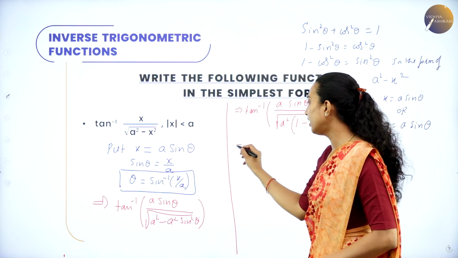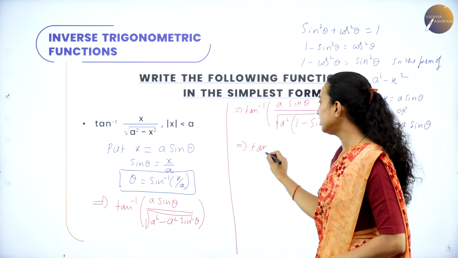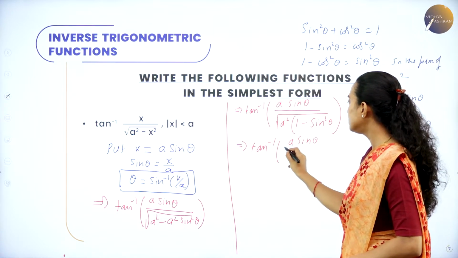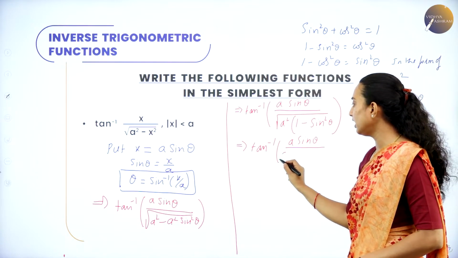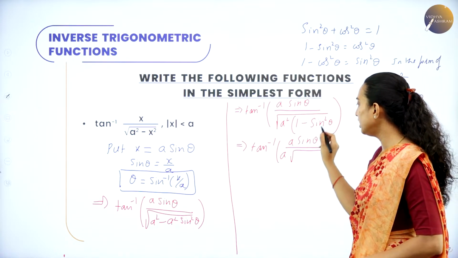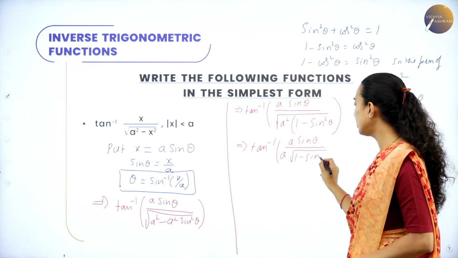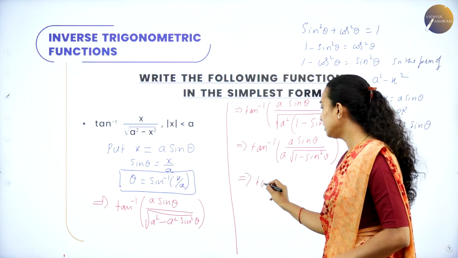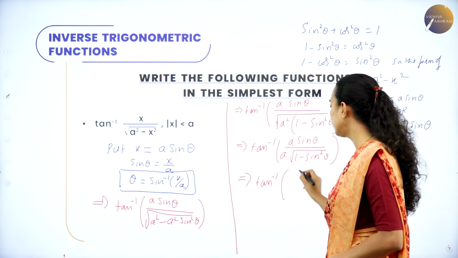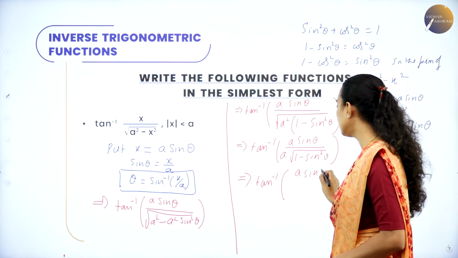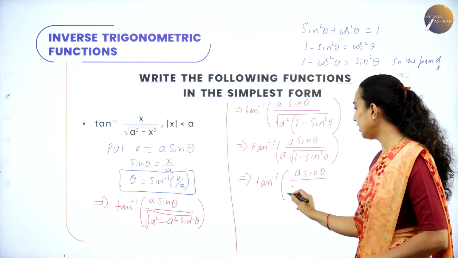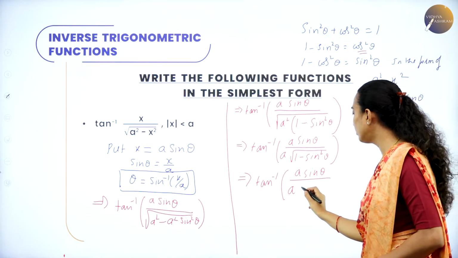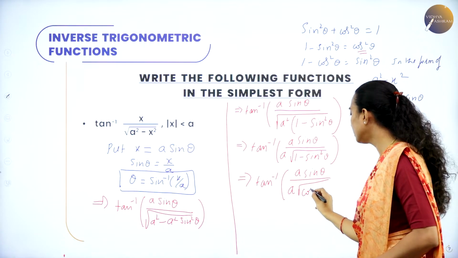So therefore I can have next step as tan inverse of a sine theta divided by under root a squared is a, under root remaining is 1 minus sine squared theta. Correct? So therefore which implies tan inverse of a sin theta divided by a under root, 1 minus sin squared theta is cos squared theta. Therefore, root cos squared theta.